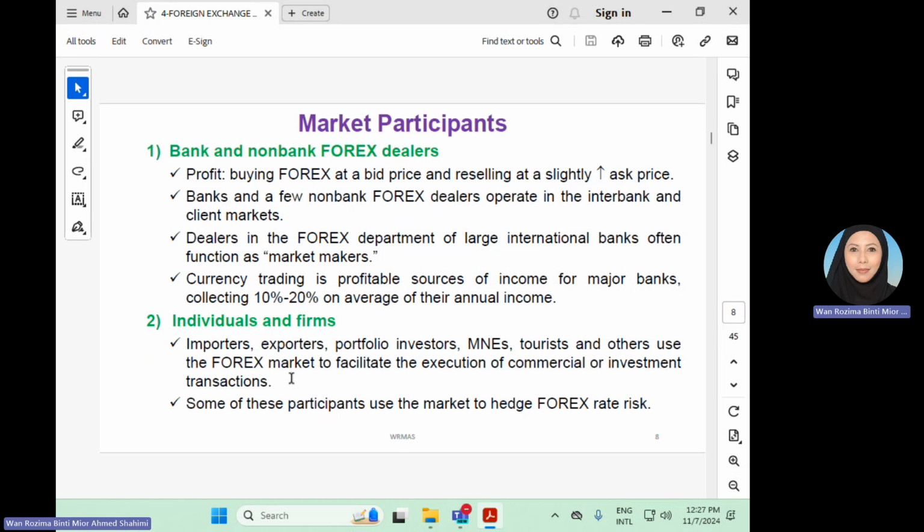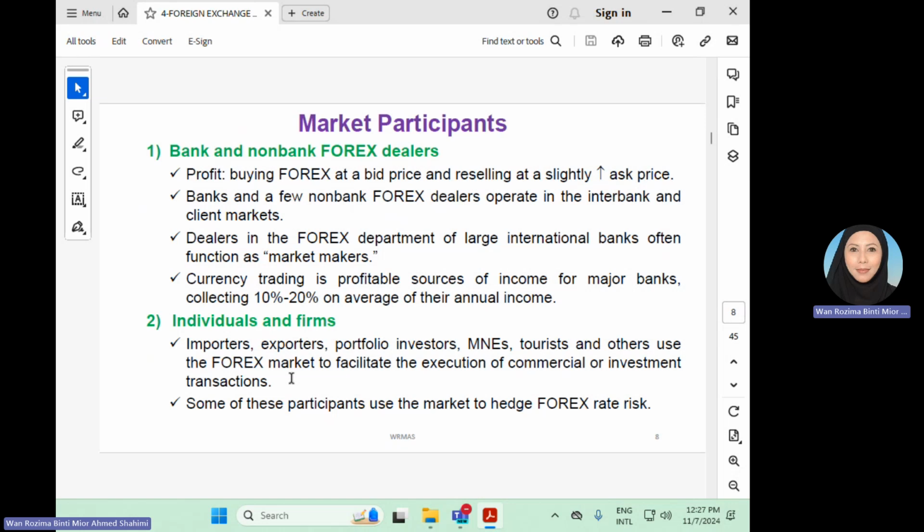Banks earn profit by buying forex at a bid price and reselling at a slightly higher ask price. Starting from this lecture, you're going to see bid price and ask price.